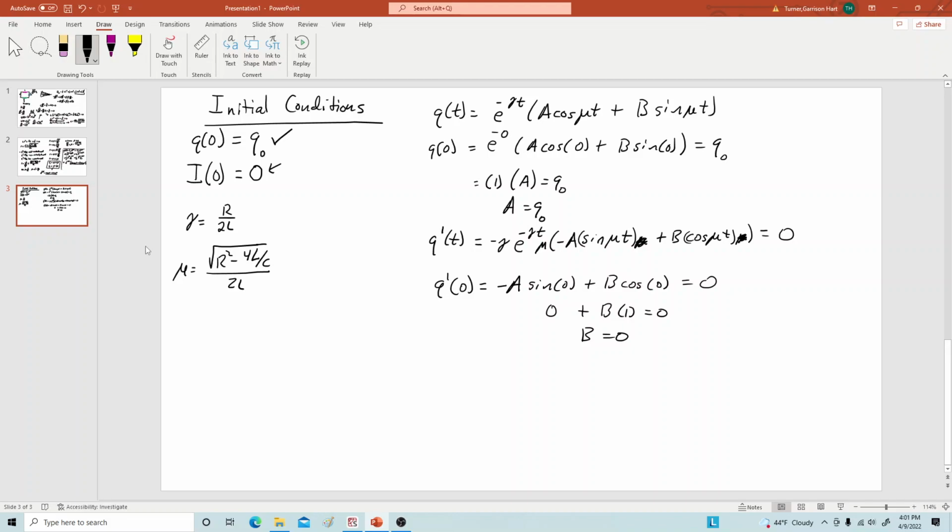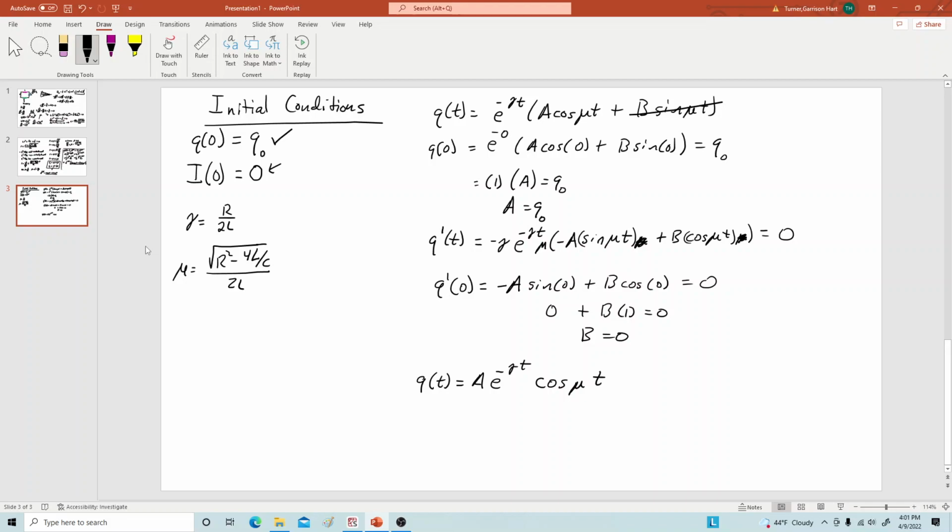And with that in mind, therefore, this term drops out. That term goes away. And so q of t is going to be left with a times e to the negative gamma t times the cosine of mu t.